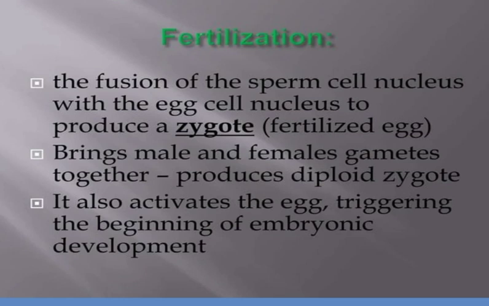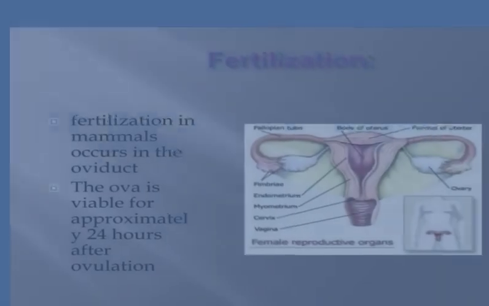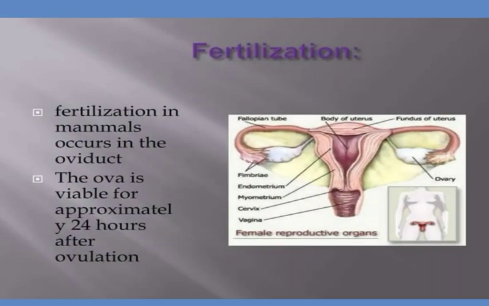Only a few sperms will succeed in reaching the opening of the fallopian tube. The secondary oocyte is released from the matured Graafian follicle of the ovary and enters a fallopian tube, where it is fertilized within 24 hours after it is released from the ovary.